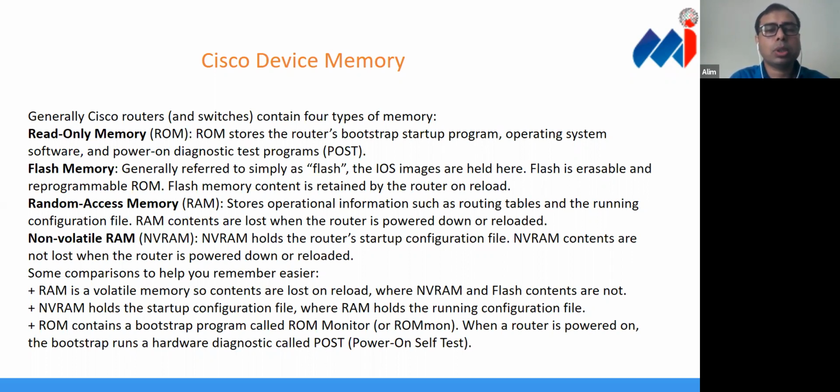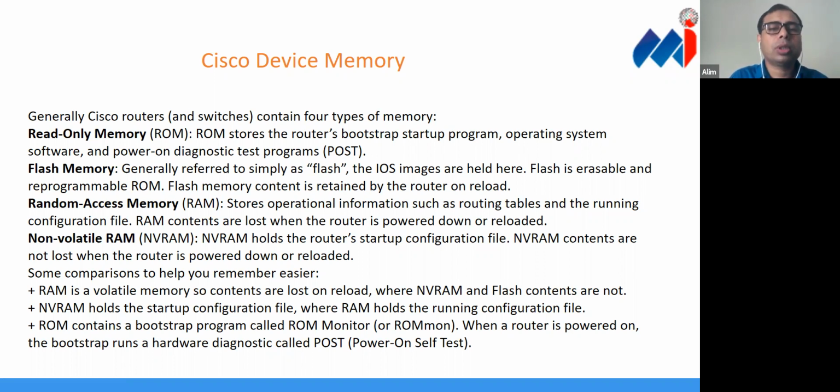RAM is used for temporary data while the system is running, and then you have non-volatile RAM. Non-volatile RAM means when you stop power, it retains information. Mainly it holds the configuration file.